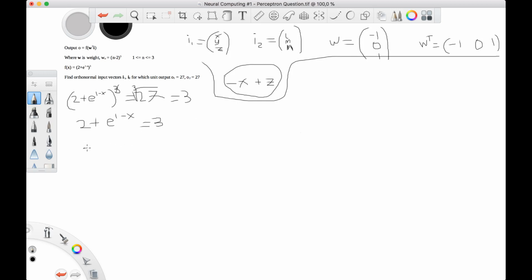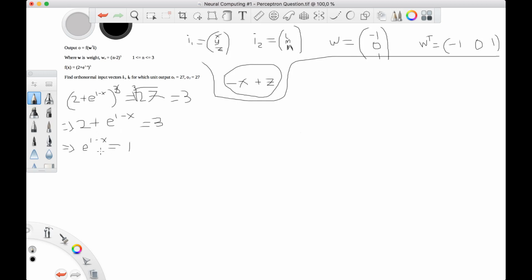What this means is, well, let's put these arrows here first. Okay, what this means is e to the power of 1 minus x is equal to 3 minus 2, which is just 1. Now for e to any power to be equal to 1, what can that power possibly be?